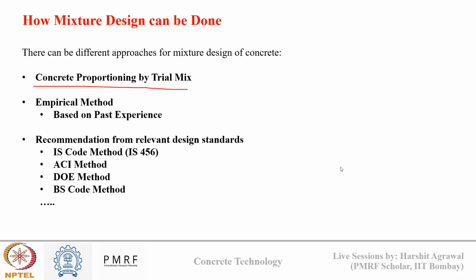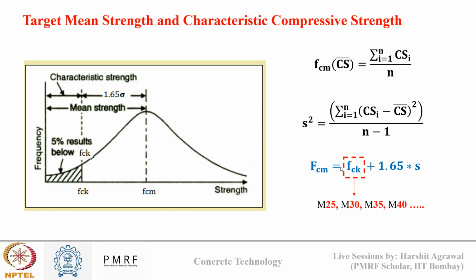Like there is the Indian Standard Code, the ACI method, and the DOE method, which is based on British standard. Following the instructions and steps in these codes, one can design concrete mixtures accurately. So these are the three different approaches: either by trial mix, or by experience, or by using the recommendations given by the relevant design standard.